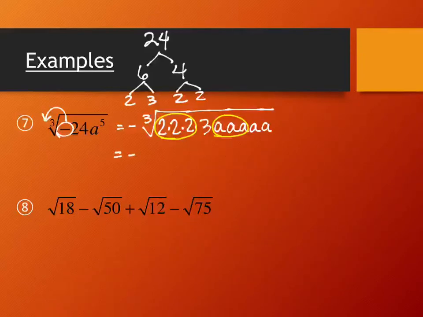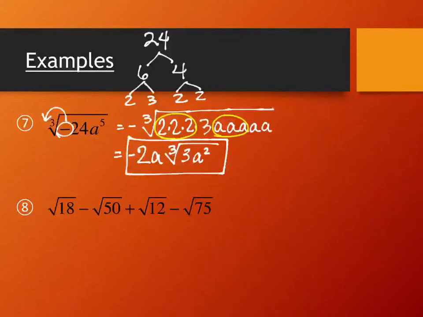So I have the same negative, and I have a 2, and I have an A. But I have a cube root of still some stuff that's underneath the radical that did not get to come out. What's still under there? A 3 and 2 A's, which is A squared. So we end up with this as our simplified radical form.